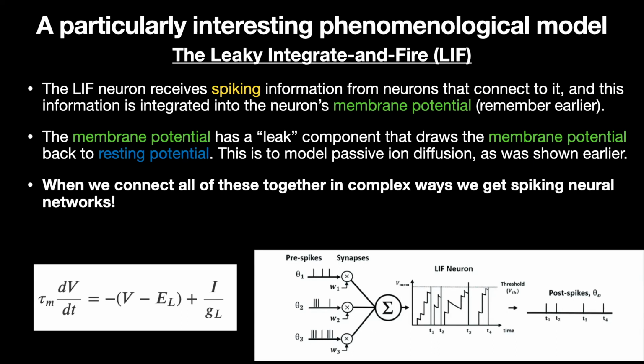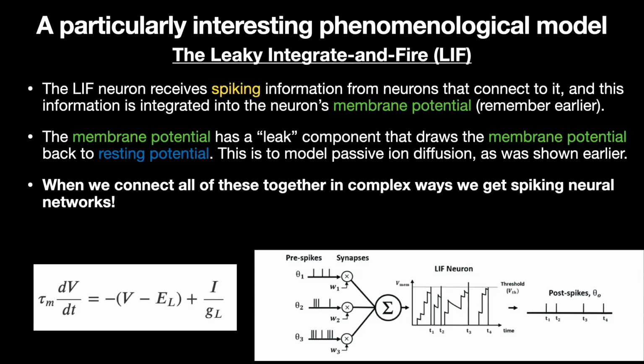It's exactly what we saw earlier with the ion channels, which were accumulating all this information and then over time decaying it. This is a really simple way of capturing the essence of this process.